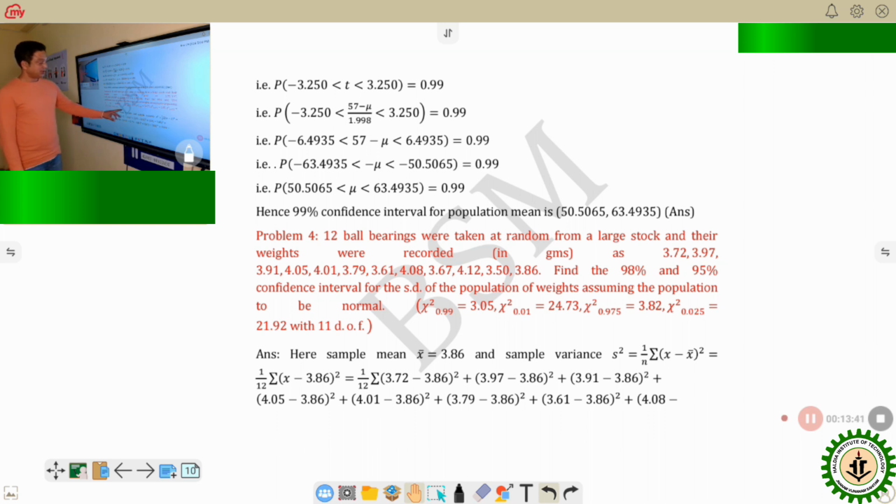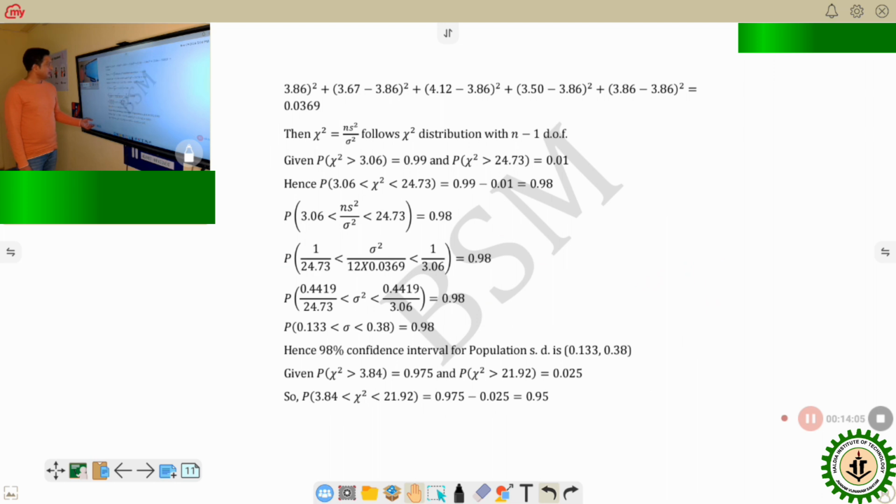Look, four values are given, all for 11 degrees of freedom. It is 12 ball bearings, so 12 minus 1 equals 11. For the sample mean, you have to add all of them and divide by 12, which gives 3.86. The sample variance formula is given here, you can easily calculate it, and this gives you 0.0369.